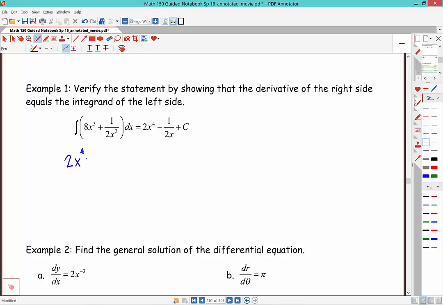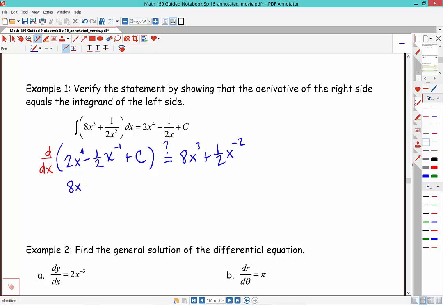2x to the 4th minus, how else could we write that? 1/2 times x to the negative 1 plus c, and we need to differentiate this, and we want to know, is this equal to 8x cubed plus 1/2 x to the negative 2? So differentiating, what happens?